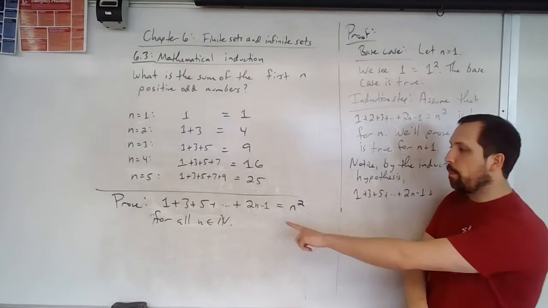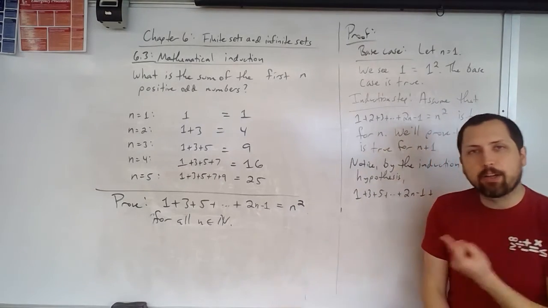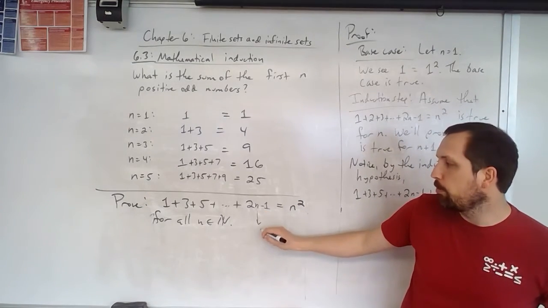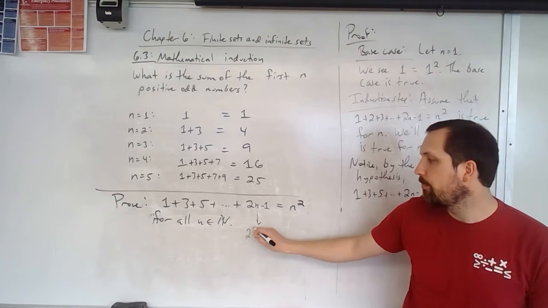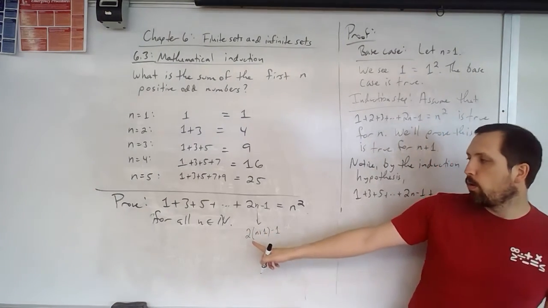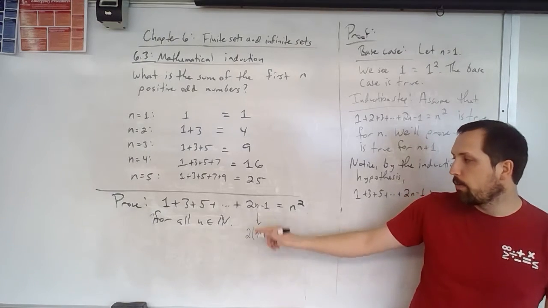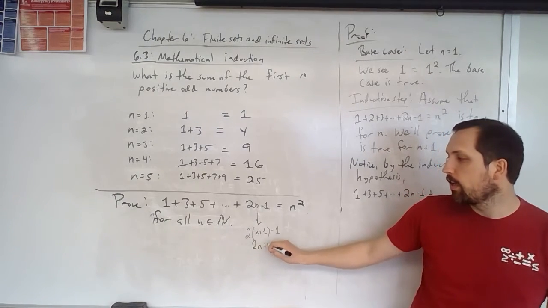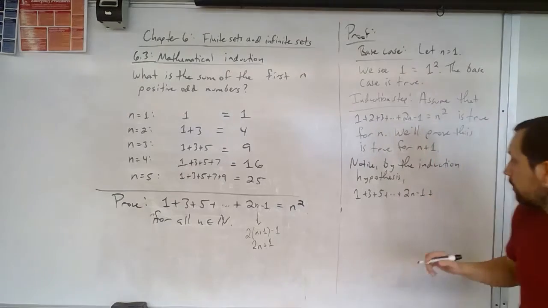So if this is true for n, what does it mean if I plug in n plus 1? Well, that means I'm plugging in n plus 1 here. So I have 2 times n plus 1 minus 1. So this left-hand side, when you have n plus 1, this becomes 2n plus 1.